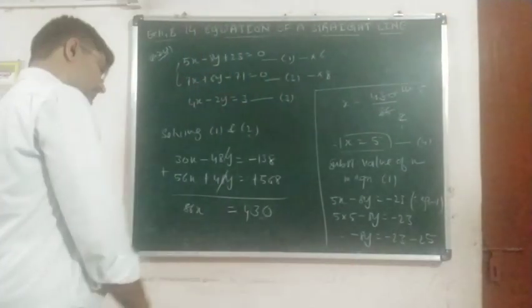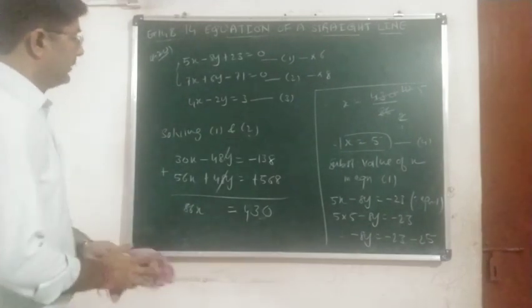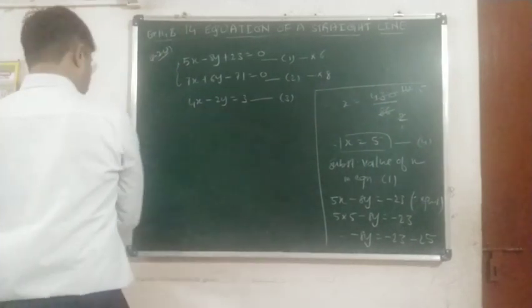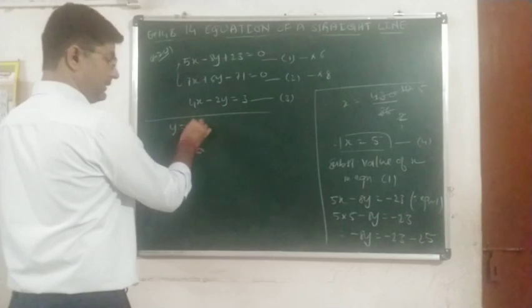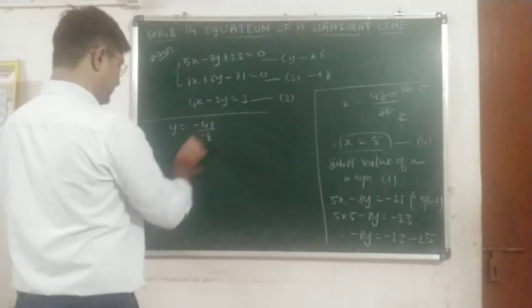Minus 25. Okay, so minus 48. Yes or no? Okay, so we got the value of y will be minus 48 upon minus 8.